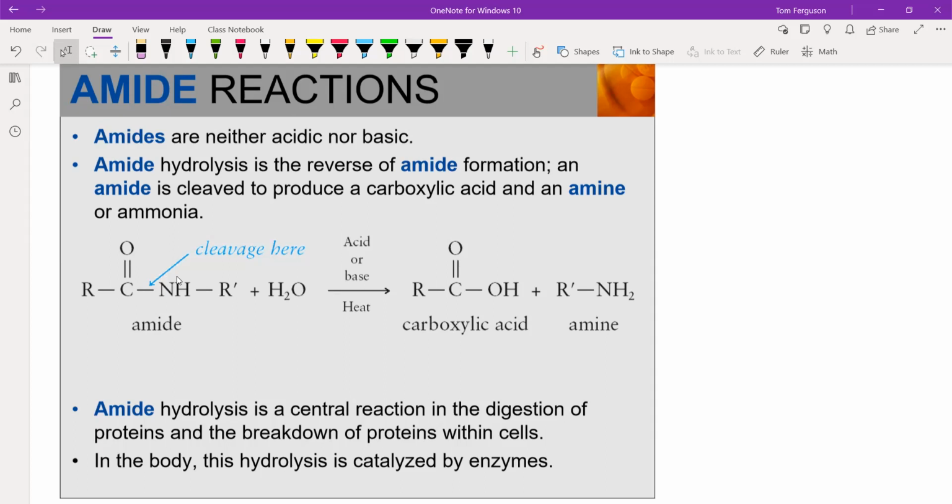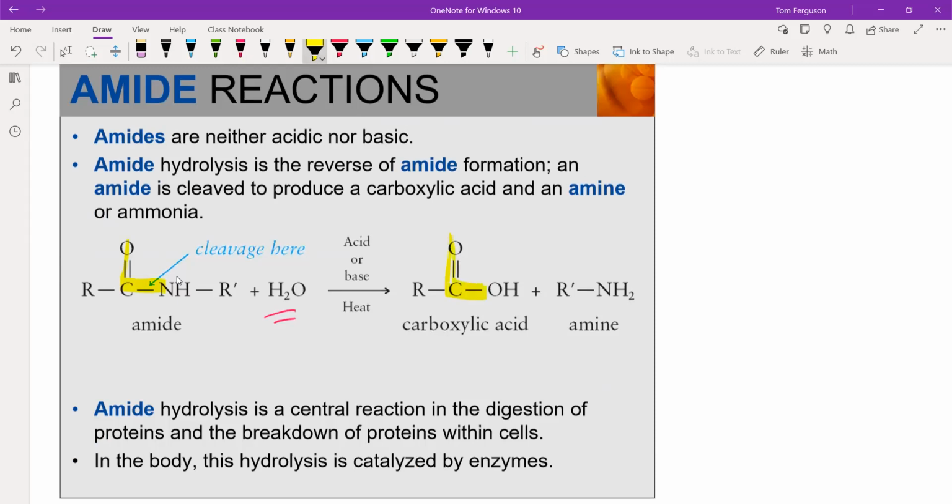Okay, just as with esters, we can hydrolyze the ester, meaning taking it apart into its original acid and alcohol. Same with amides. We can hydrolyze it, adding water. We end up breaking the amide bond here, this guy here.